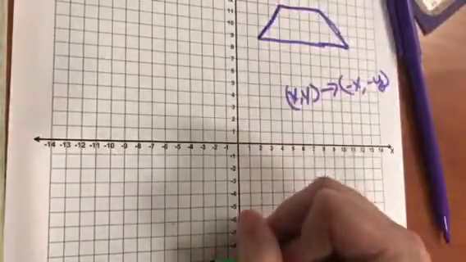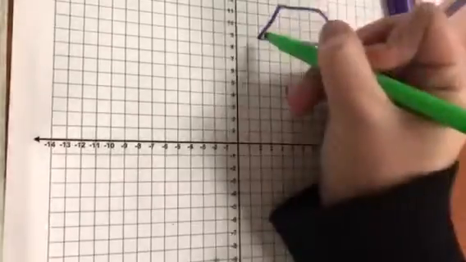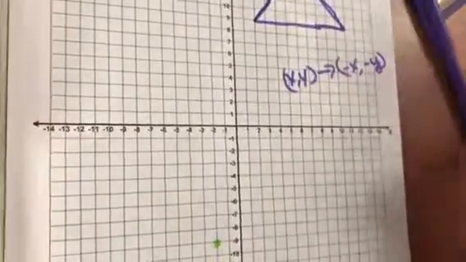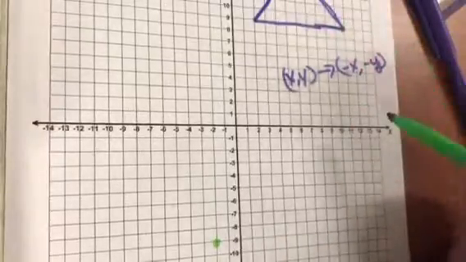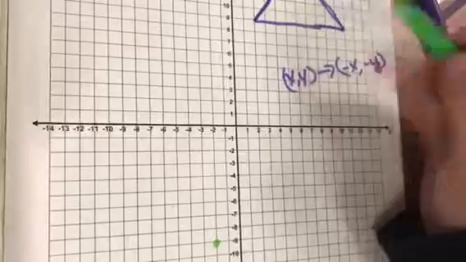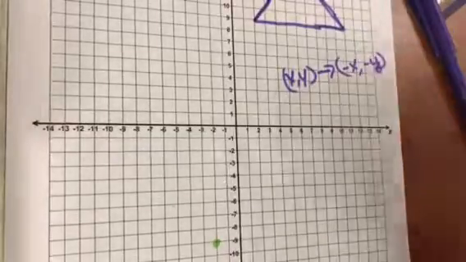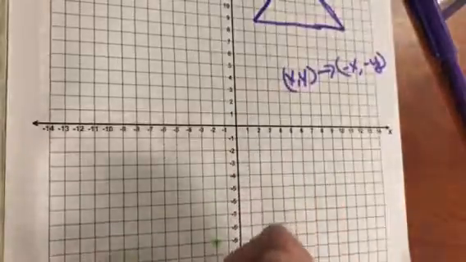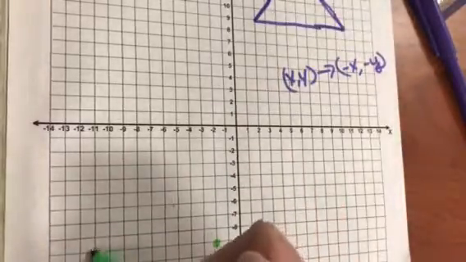Negative 2, negative 9 will be this point here. Now 11, 9 is going to become negative 11, negative 9. So negative 11, negative 9 will go right there.